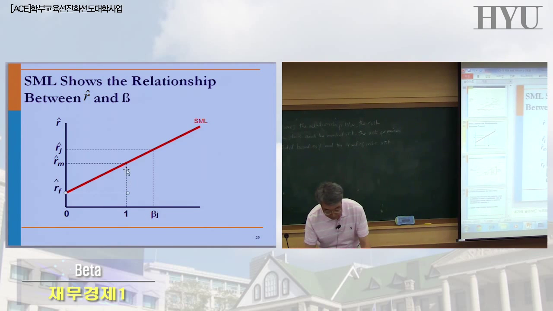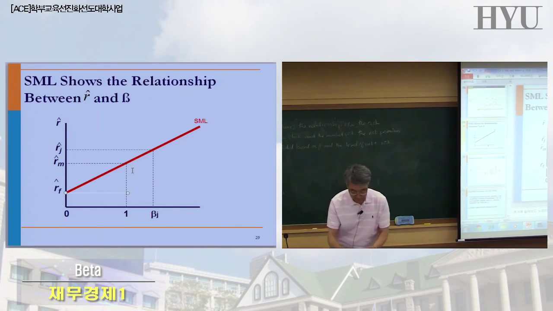So the slope of this line is exactly RM minus RF.